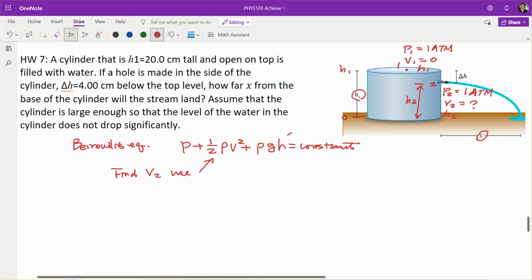It is the same as a ball going through projectile motion, moving horizontally and then landing on the ground, and I want to find the distance from here to here. You are given the velocity v sub 2, and you want to find x. So it's a projectile motion.